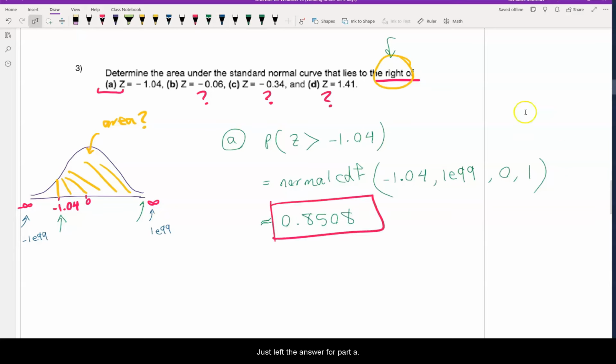So this was the answer for part A. You do exactly the same thing. You only need to change your z-score. So you're going to have exactly the same as this one, but changing the z-score based on what is asked for parts B, C, and D.